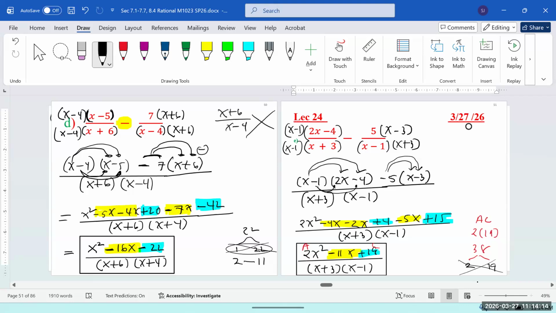If it's not factorable, you're done. But if it is factorable, then you have to factor. And then you see, can you cancel anything from the denominator and numerator? You cancel. So in the exam, I'm going to give you two of these questions. One will be factorable and one will not be factorable. If it is factorable, you have to factor, cancel, and rewrite after you do the addition and subtraction.